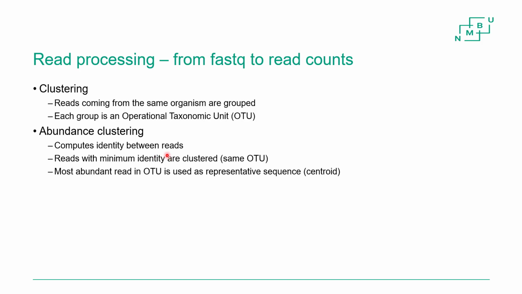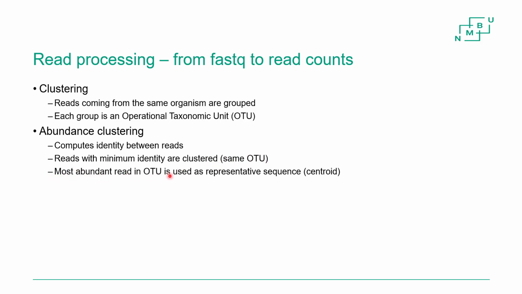Which means we need to have some threshold here, right? How identical must they be? 97% is a very common threshold to use, but this is something we can adjust. But they have to be close to 100, right? There's no point in trying to go very low here, because all 16S sequences are similar to each other. So if you go to 75% similarity, then all will be in the same cluster, because all of them are that similar. So it must be close to 100.